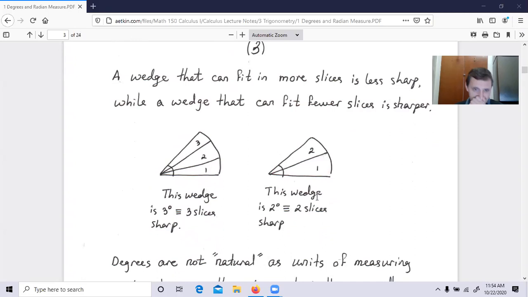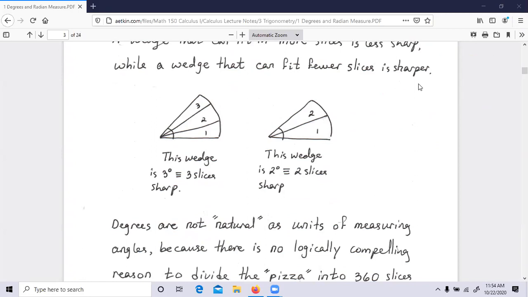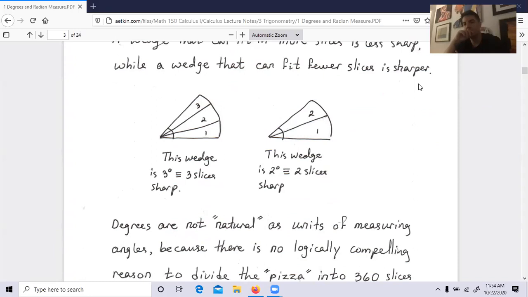And of course, degrees are not natural as units, because there is no mathematical or logical reason to cut a pizza into 360 slices. You could have done it into more slices, fewer slices, and you would have other measurements. It's not a natural measurement of an angle because of that. Make sense, guys?